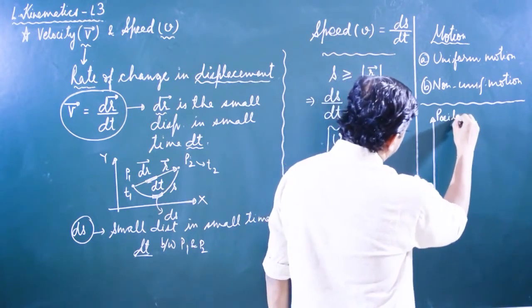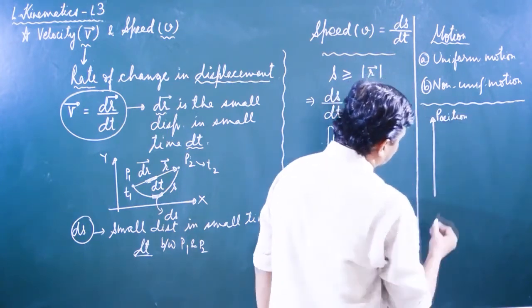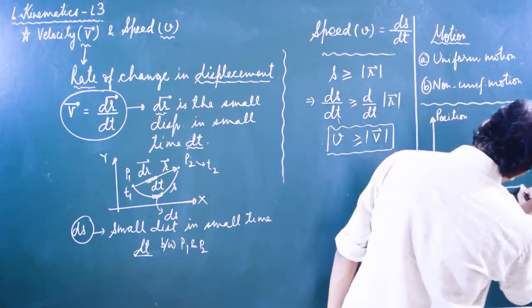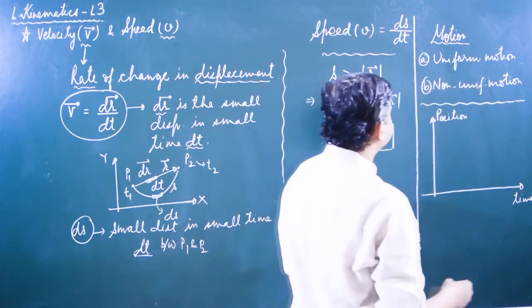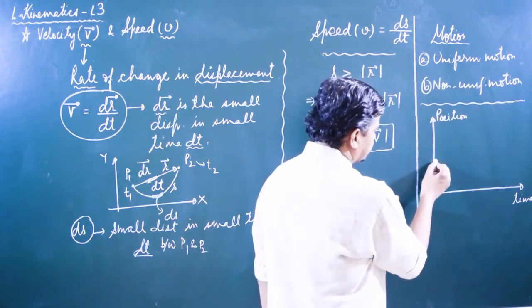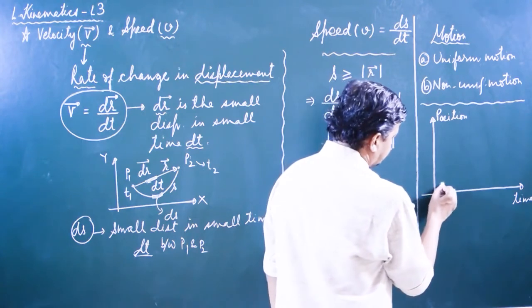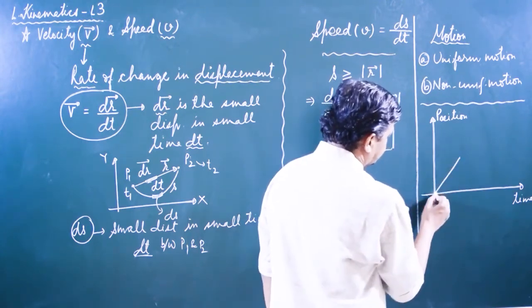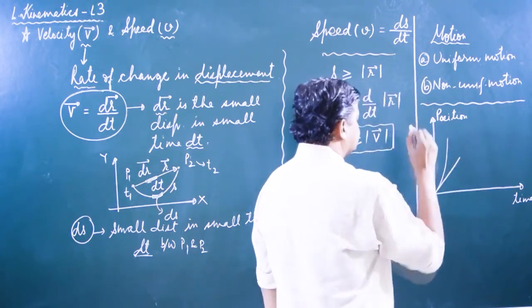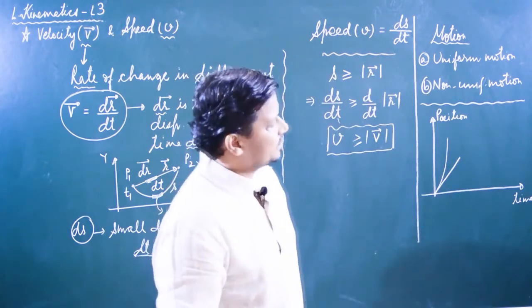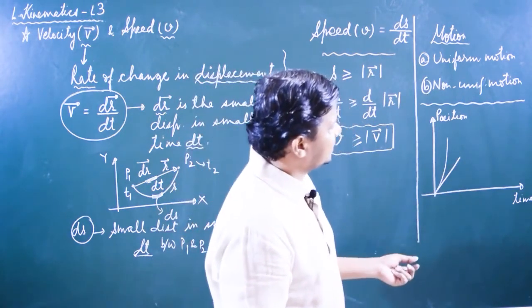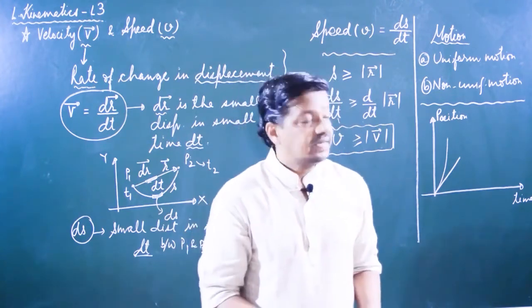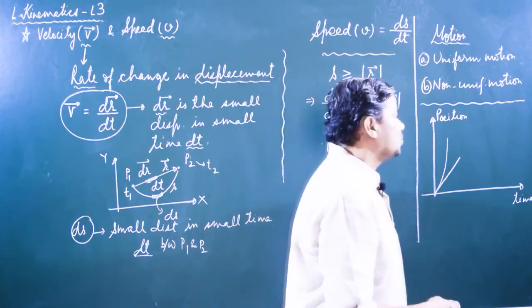We are taking some position time graph for a moving particle. If the graph is a straight line, that means the particle is covering equal distance in equal intervals of time. In that case, motion is uniform.